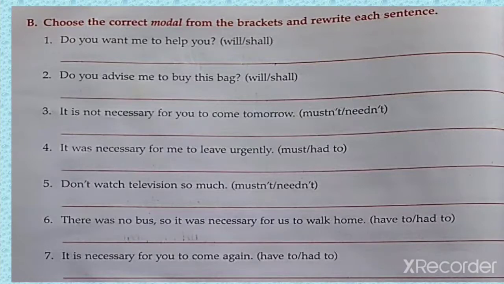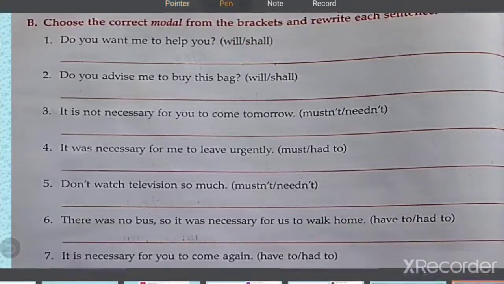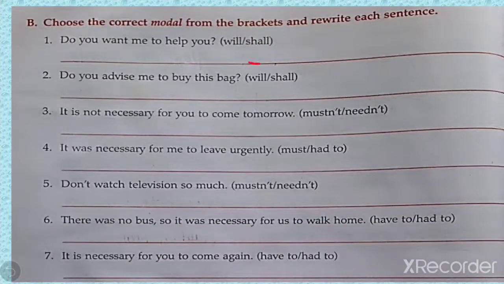And when we offer to do something for someone, at that time we have to use shall. So here first we have to choose shall. Now it's a question sentence, that's why our sentence starts with shall. So here you have to remove this, and your sentence starts with shall.